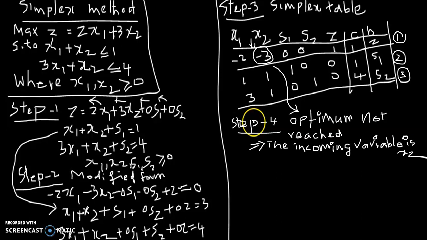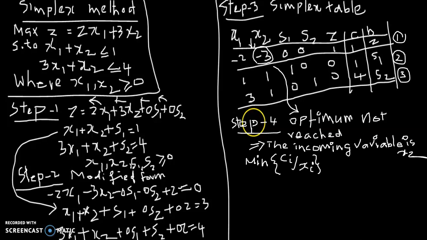For that, we have to find the minimum replacement ratio, given by the formula minimum of Ci divided by Xi, the coefficient of the variable.